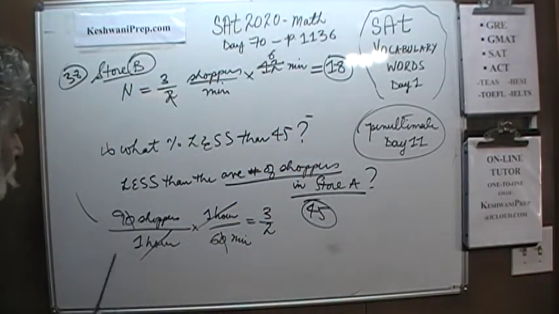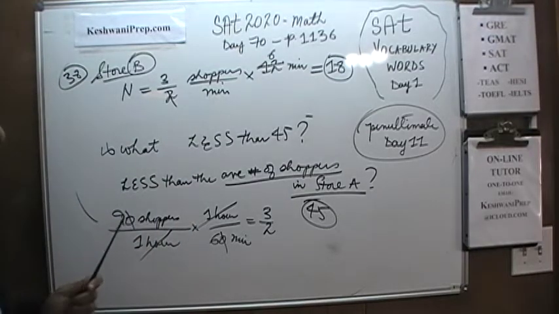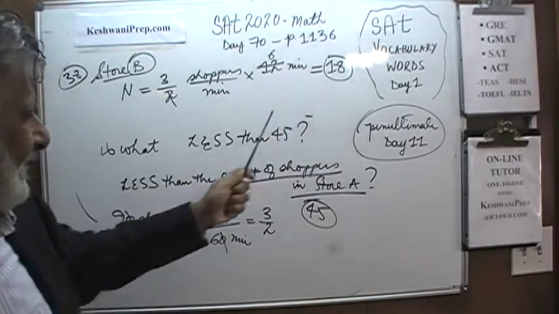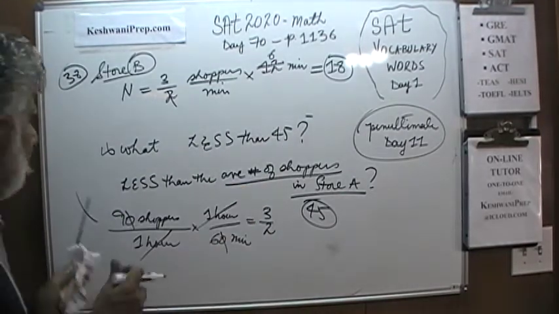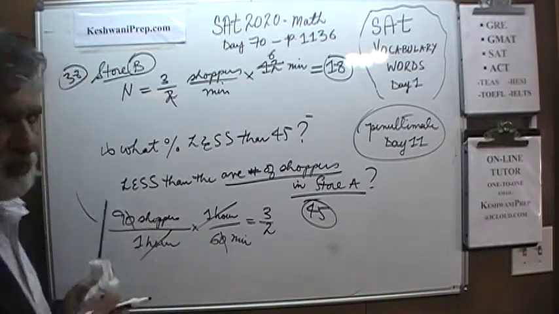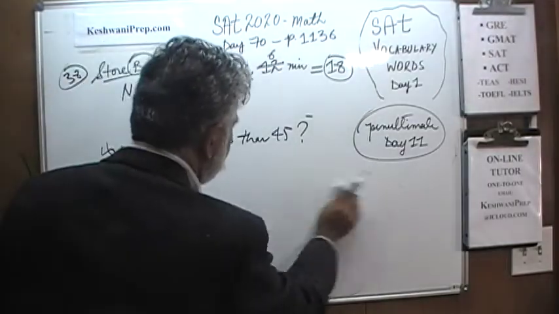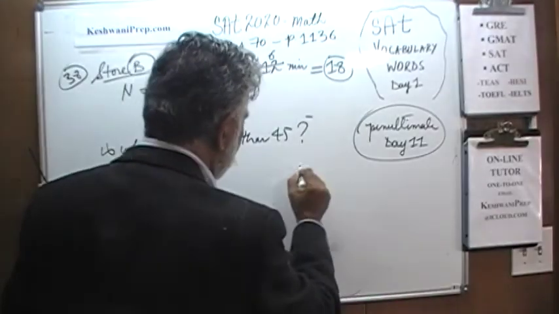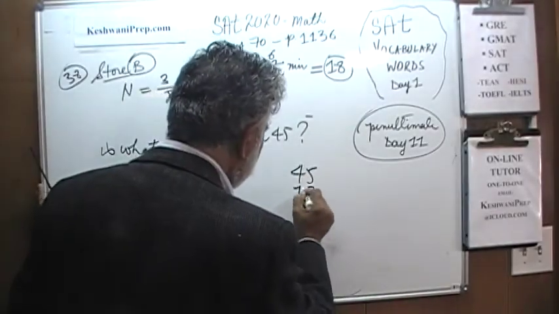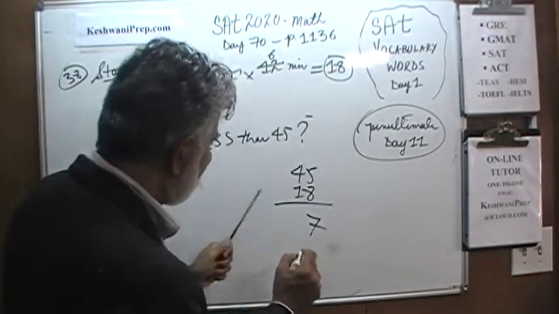If you take out this particular part, it's a different question. They're not asking us 18 is how much less than 45. 18 is what percentage less than 45. Let's first find out how much less 18 is than 45. This is 45. This is 18. 15 minus 8 is 7. 3 minus 1 is 2. Oh, there you go.